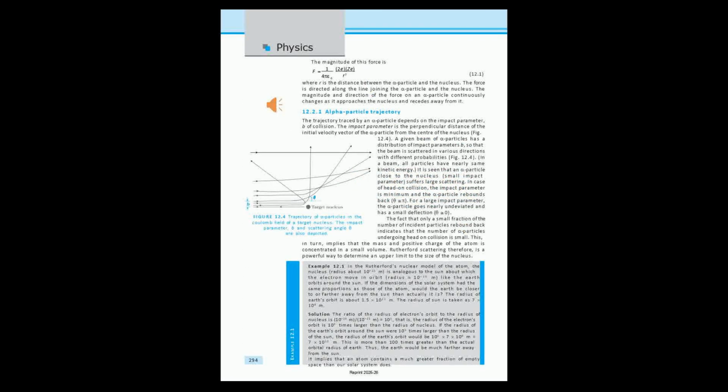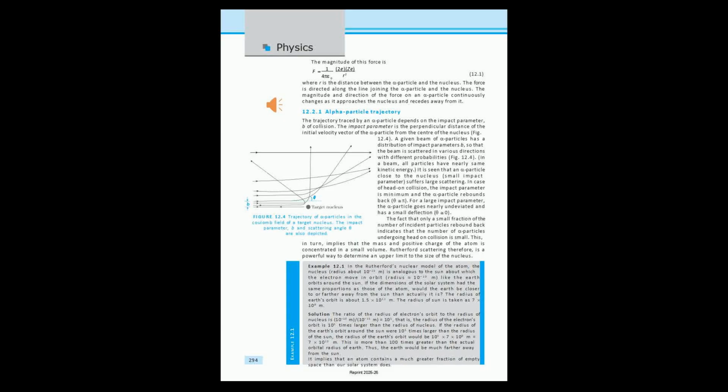The magnitude of this force is given by equation 12.1, where r is the distance between the alpha particle and the nucleus. The force is directed along the line joining the alpha particle and the nucleus. The magnitude and direction of the force on an alpha particle continuously change as it approaches the nucleus and recedes away from it.